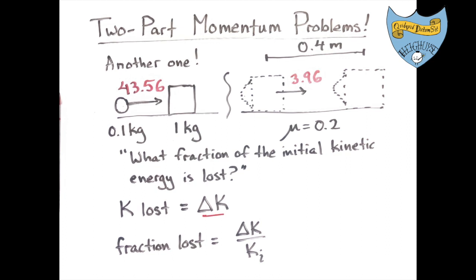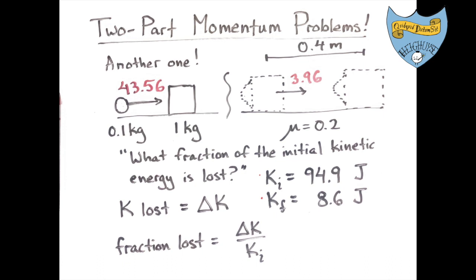But if we're asked about the fraction of energy lost, that means that we're comparing the change in energy to the amount of energy that was initially present. So delta K over K initial. Just like if you were trying to find merely the change in kinetic energy, you would calculate the initial kinetic energy and the final kinetic energy, and you would get these amounts, unless I, say, hypothetically screwed up my calculations.